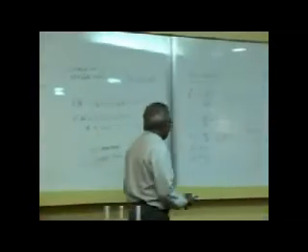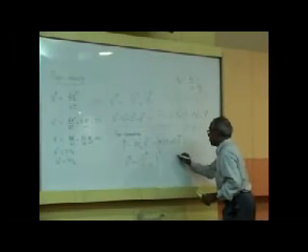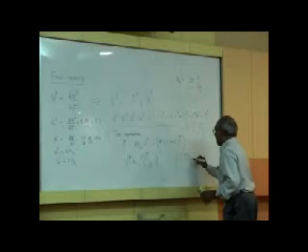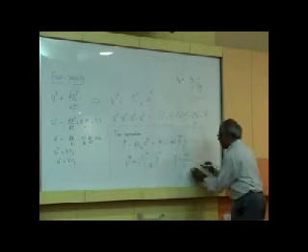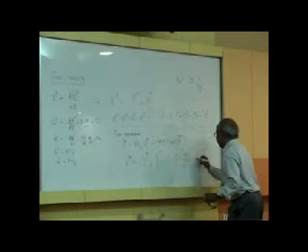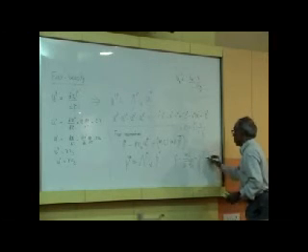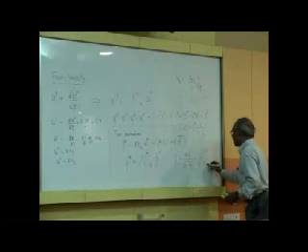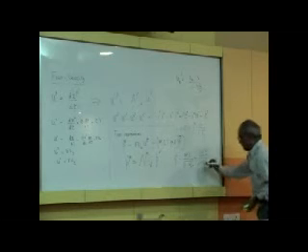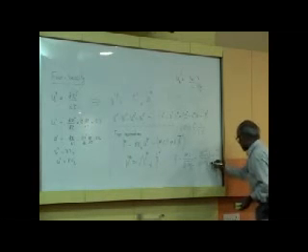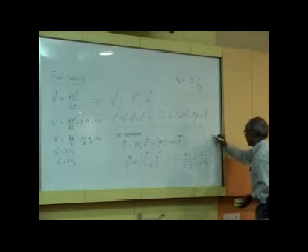Now, let me check what is the zeroth component here. P^0 is m_0 c by square root of 1 minus v squared by c squared. This is m_0 c squared by square root of 1 minus v squared by c squared, divided by c. If you remember, yesterday when I had worked, I had associated this with the entire energy of the particle, including its rest energy.